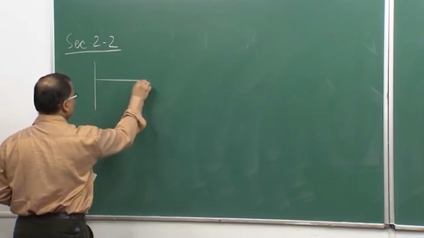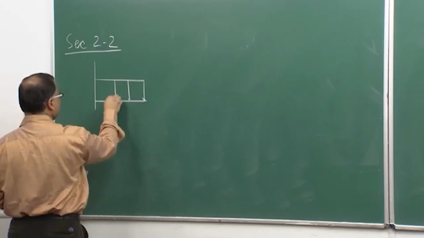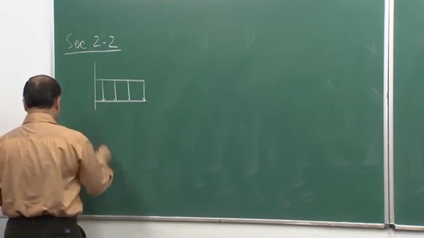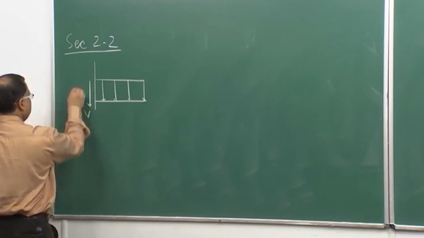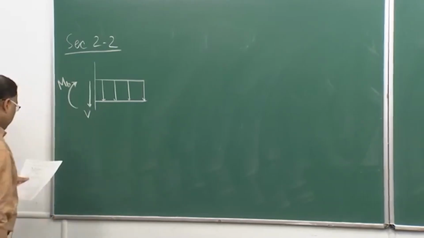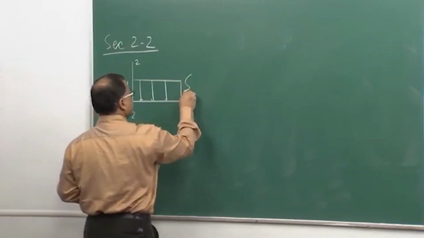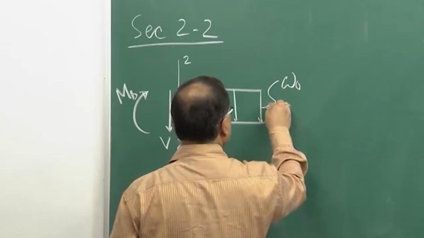This is your section 2-2. This is your V, all directions are positive. This is your W naught.